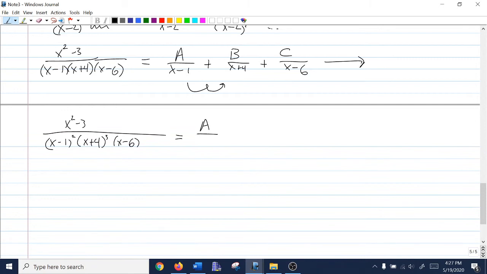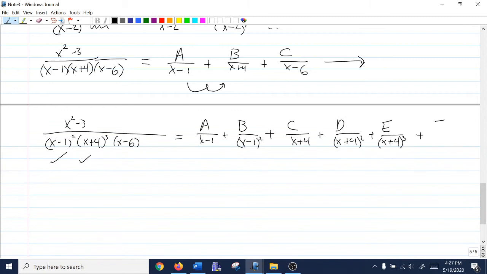This is going to be something over x minus 1, something over x minus 1 squared, done with the x minus 1 factor. There's going to be something over x plus 4, something over x plus 4 squared, something over x plus 4 cubed. Now we're done with those. And then something over x minus 6. This is what we're hoping to split this thing up into. Right? Okay.